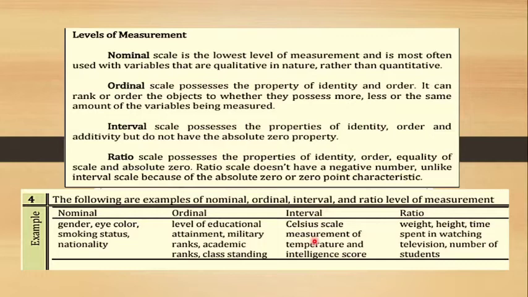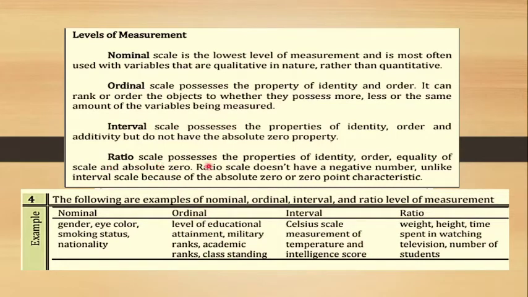Interval scale. So interval scale possesses the properties of identity, order, and additivity, but does not have the absolute zero property. So the examples are Celsius scale, measurement of temperature, and intelligence score. Ratio scale.